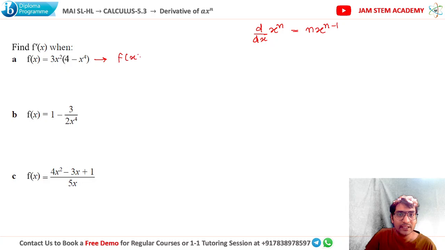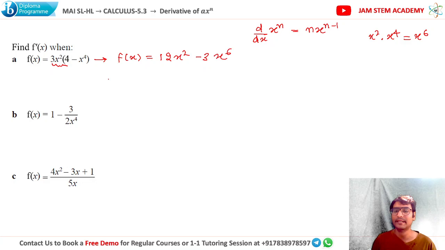So we can say f(x) will be equal to, distribute this 3x squared to each term in the bracket, giving me 3 times 4 times x squared, so 12x squared, minus 3x squared times x to the power 4. So x squared times x to the power 4 will become x to the power 6. I can rewrite it as negative 3x to the 6.